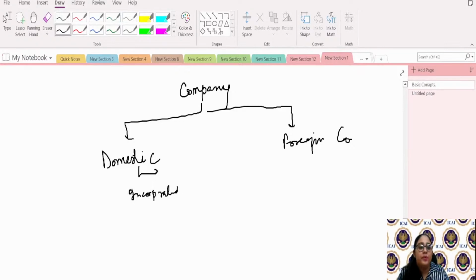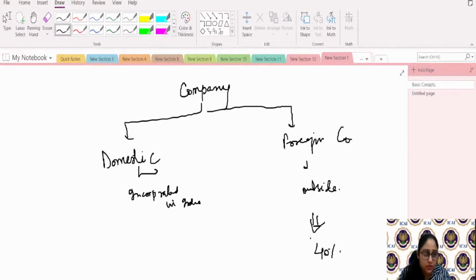Foreign company is incorporated outside India. For a foreign company, the tax rate is 40%. Whatever your income is, you have to pay tax at 40%. If you're not incorporated as per Companies Act 2013 or 1956, the tax rate would be 40%.